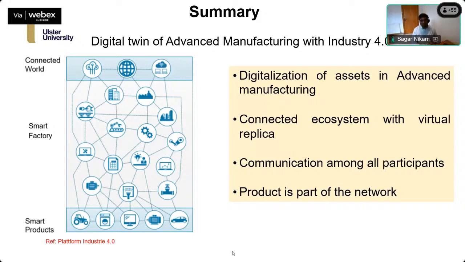This can help the communication between all the participants within the business ecosystem. The product is also part of that network. So digital twin can also be helpful in life cycle management. That is the most important thing.